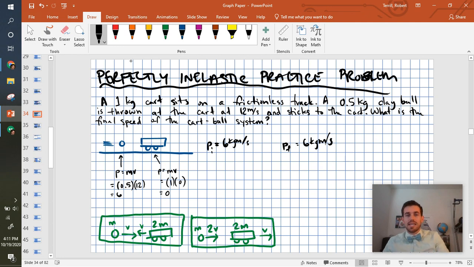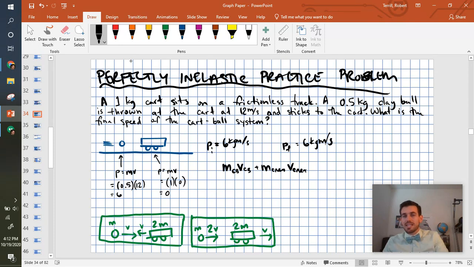Let's set this up one slightly different way. I'm going to say we have the mass of our clay ball times the velocity of our clay ball, plus the mass of our cart times the velocity of our cart.